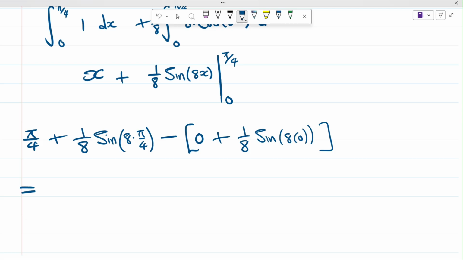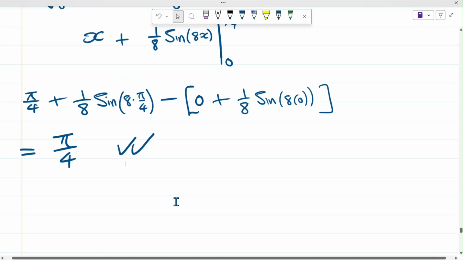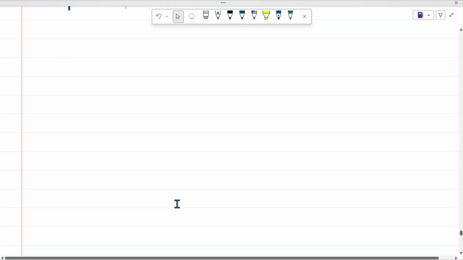So when you punch this on your calculator, you should get pi over 4 plus 1/8 sine of 2 pi, which is just going to be pi over 4. So you should get pi over 4 here. And then ta-da. Yeah, that's just it, guys. Let's see if we could solve something else, right?